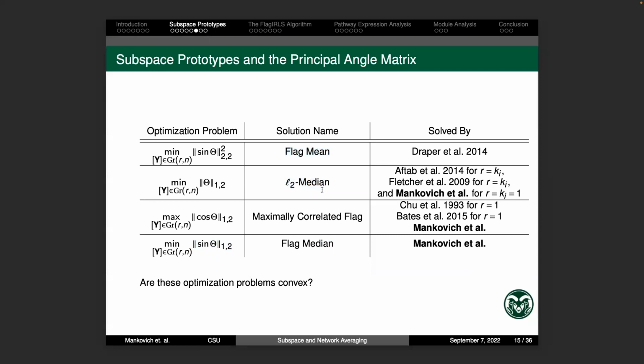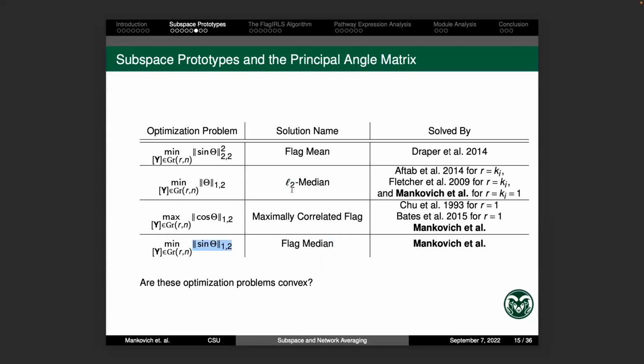I would say the standard way to compute the L2 median from the experiments that I ran is slower. And I only have experimental evidence for this because I haven't been able to find the convergence rate of flag IRLS, the algorithm I'm using to compute this one.